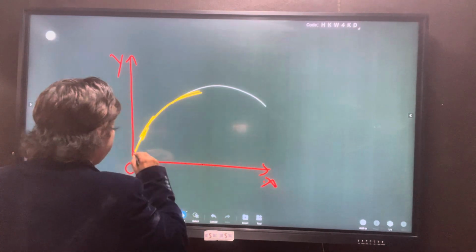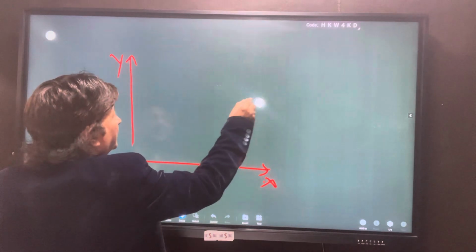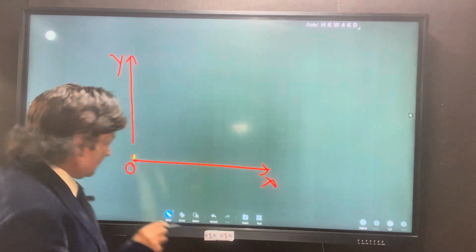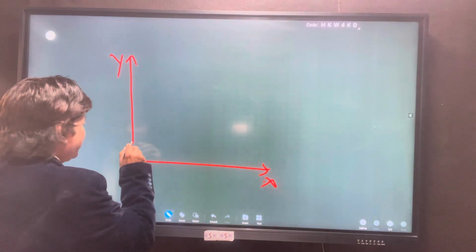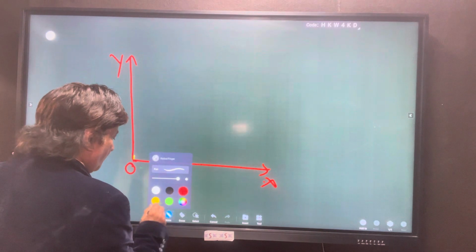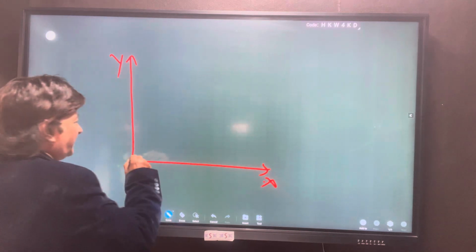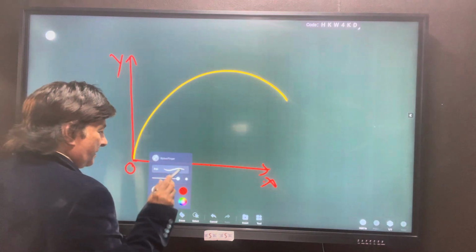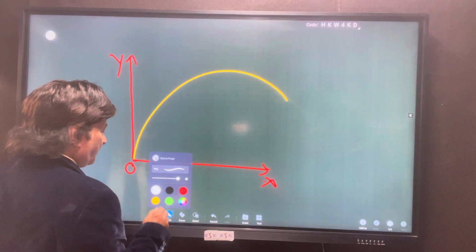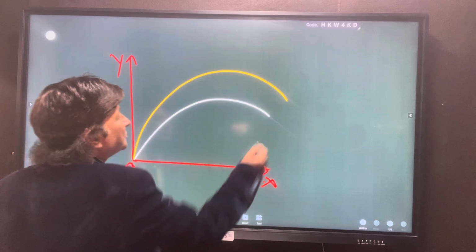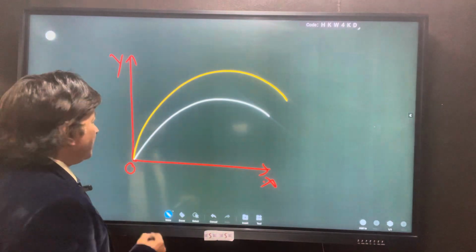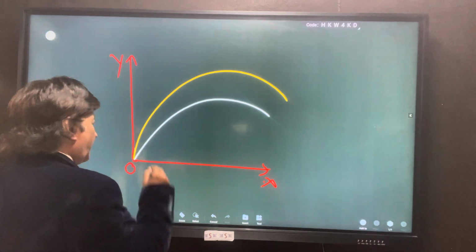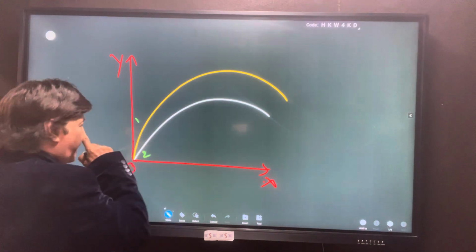Now we have two projectiles. One projectile is this, and the second projectile is this. This is projectile 1 and this is projectile 2.